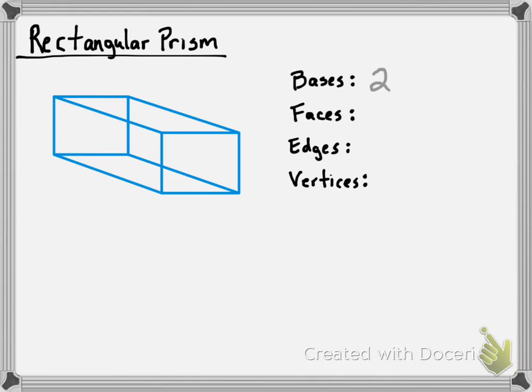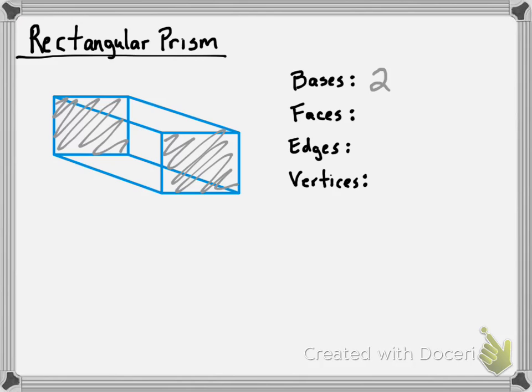We need to know where they are. Okay? So if this was a pipe, you can picture water flowing through here like it was a gutter, then the bases would be this front piece and this back piece. So those are my two bases. Remember, the bases have to be parallel to each other, and they have to be congruent. So they have to be exactly the same shape. Okay, and these two are.